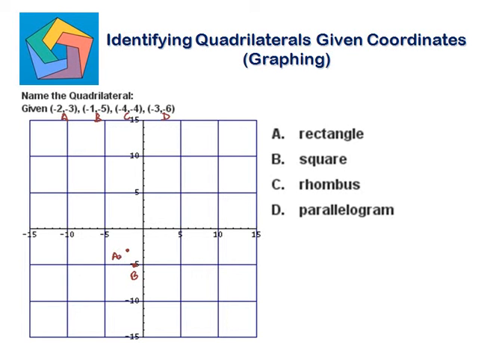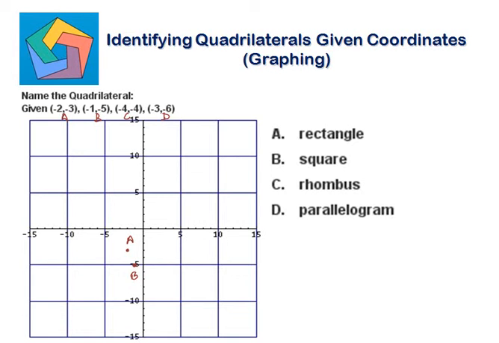This is point C. Let me just make A above. And -3, -6. Very close to each other. Sorry, -4, -4 will be here.